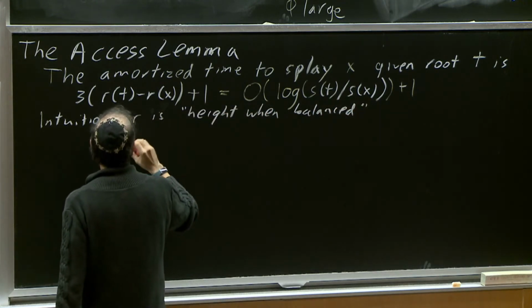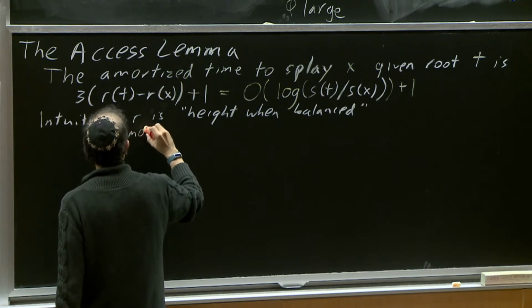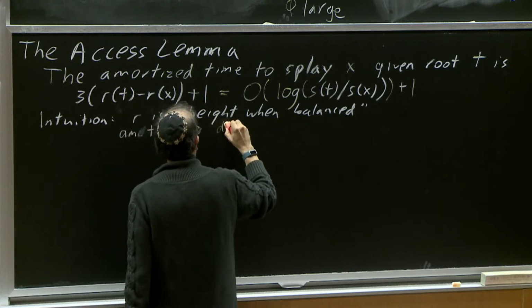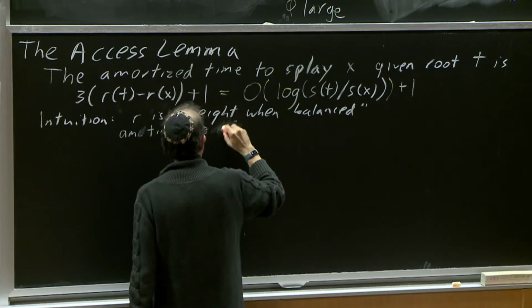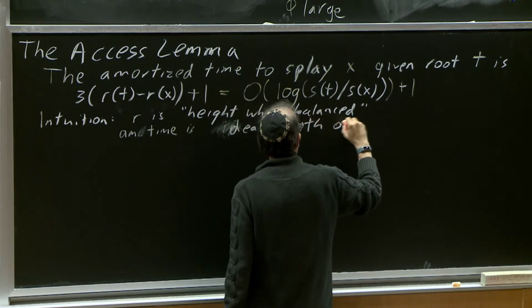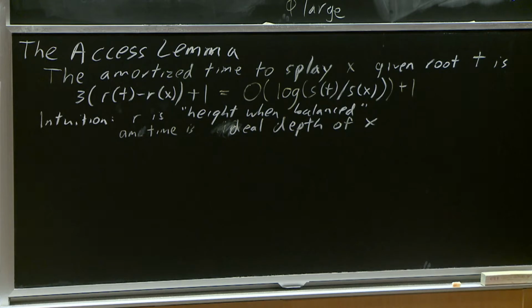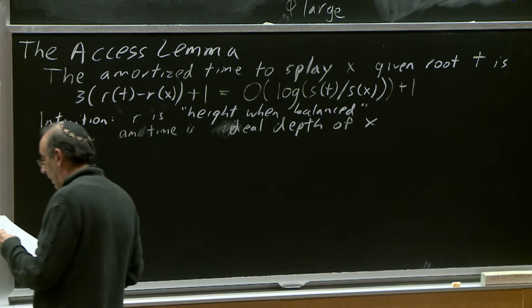And that means that the amortized time is just the optimal depth, or the ideal depth of x, if it were in a balanced tree. But of course, it isn't in a balanced tree. It's in whatever tree the splaying algorithm produced. Okay.